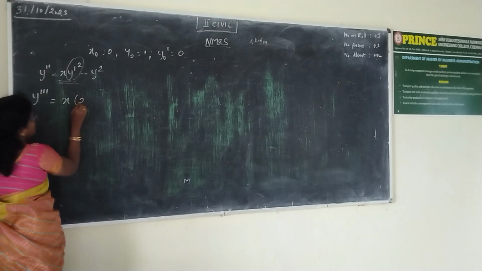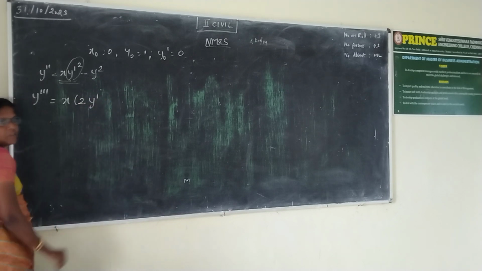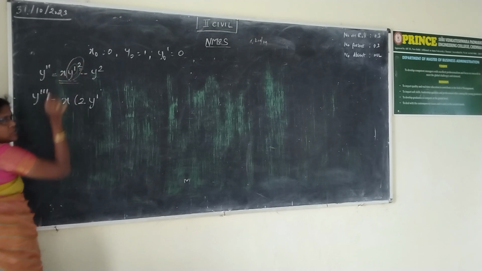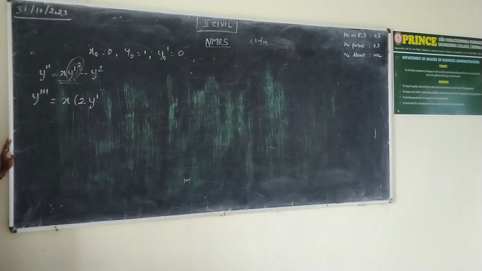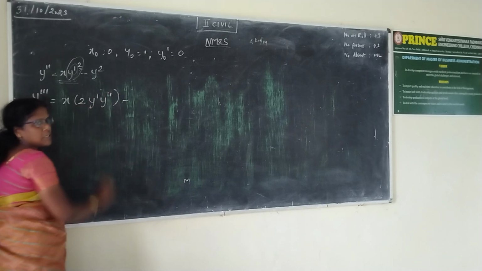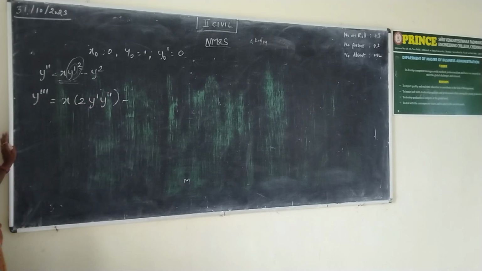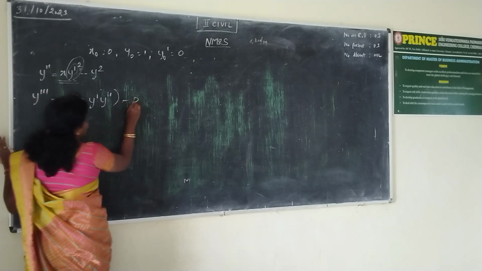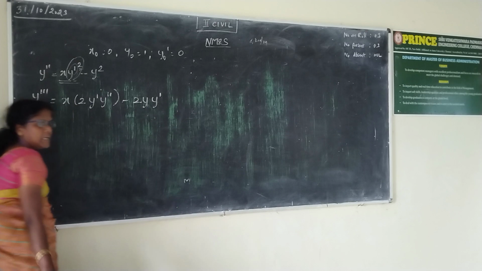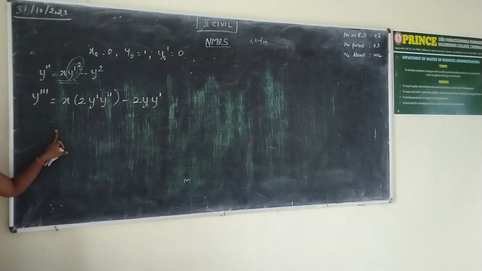So first for that one 2y dash. First you are differentiating the power. Next you have to differentiate here y dash. What is differential of y dash? Y double dash. Minus, same procedure here. What is differential of y square? 2y. Again differential of y will give you y dash. You understand? If it is x plus, you will not be doing like this because x is an independent variable.